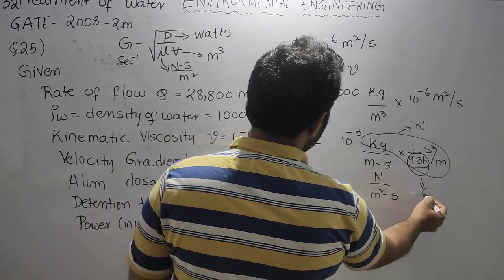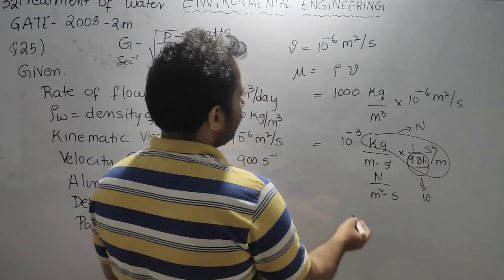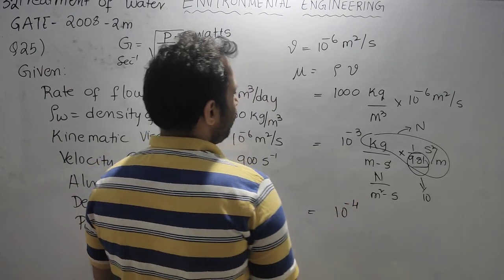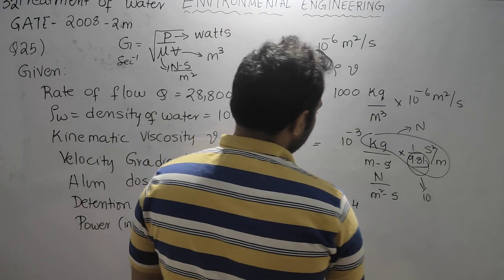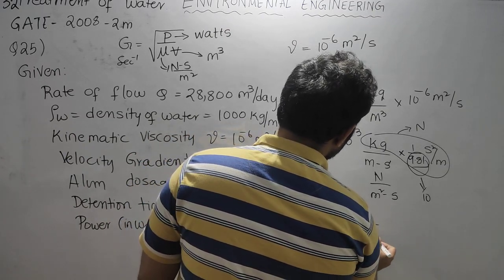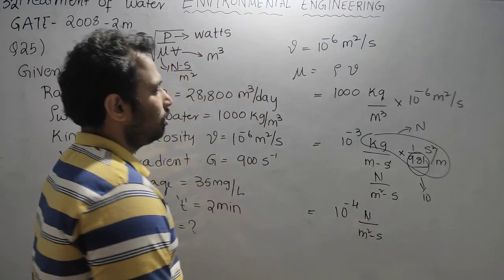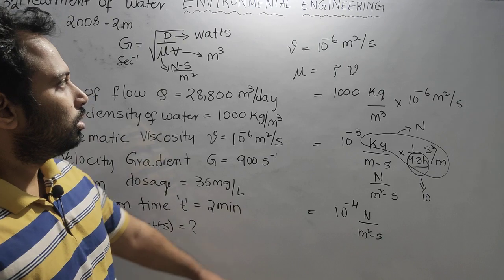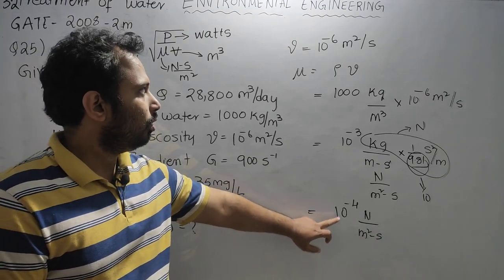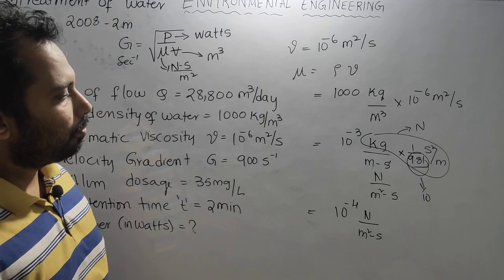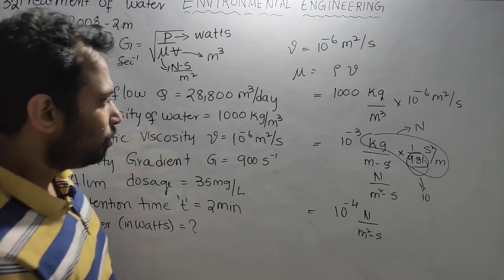Approximately I will take it as 10, so it is nothing but 10 to the power of minus 4 Newton second per meter square. So this is the value of mu.